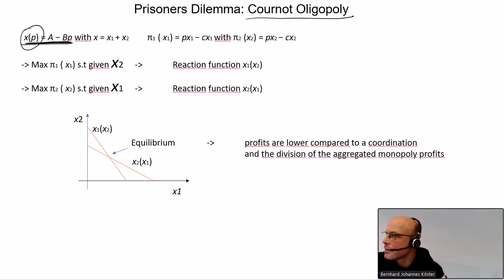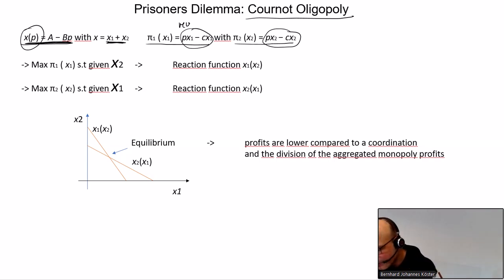So this X, total demand, is the sum of both quantities of two competing enterprises. And the two competing enterprises have individual profit functions. This is just revenue minus costs.